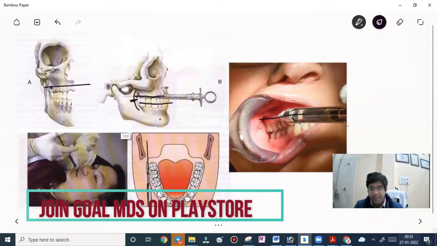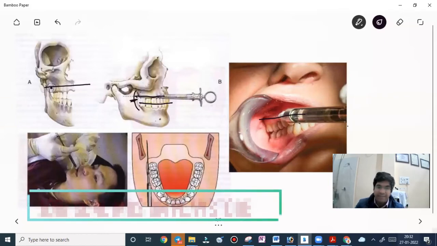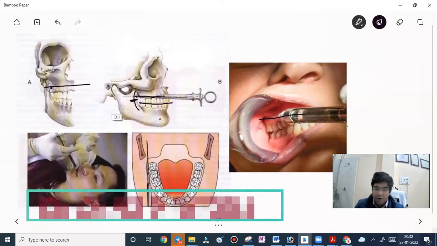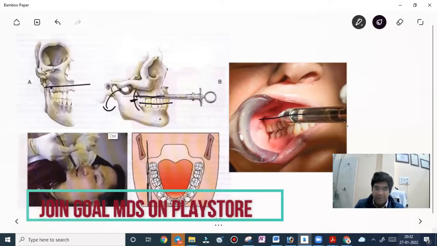So remember, care should be taken that the needle is near the medial surface of the ramus, as allowing the needle to be advanced far medially is likely to result in the deposition of the solution on the medial surface of the pterygomandibular space and sphenomandibular ligament. That would lead to inadequate anesthesia.